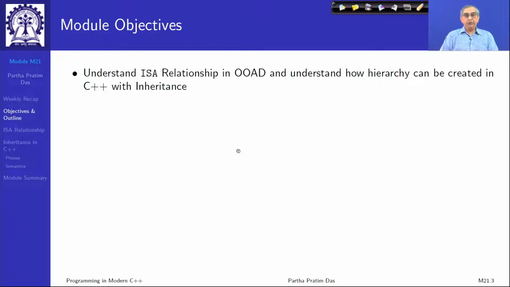From this module, we are starting on a very key area of C++. In terms of object oriented analysis and design, we have already seen that the first core principle of OOAD, which is encapsulation, has been achieved by using different access specifiers, get set idioms, and how to selectively break that using friend and so on.